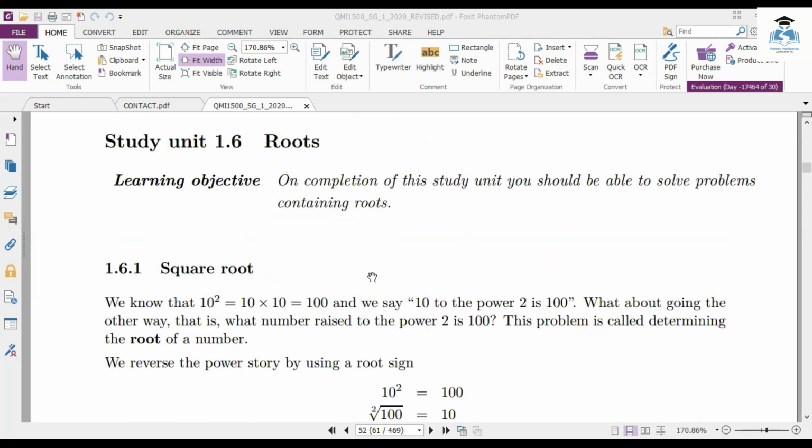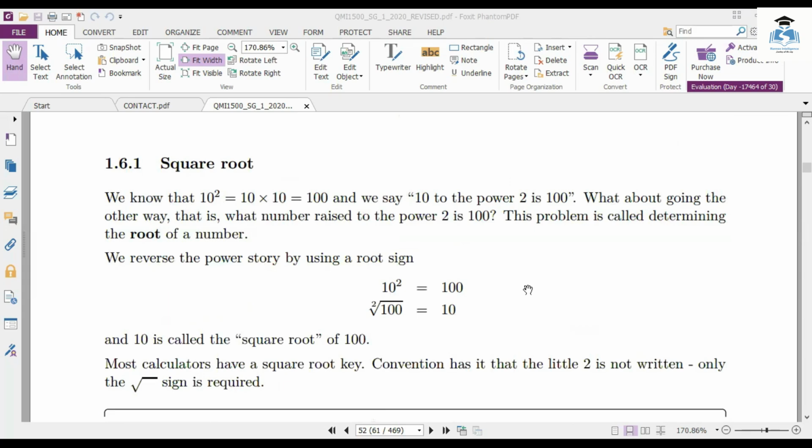All right, the last part that I wanted to deal with is the roots. In summary, whenever you see a square root sign, it simply means the power of a half. When you see another number, like 3, what it simply means is that the root is the same as, let's say we put a here, a to the power half.